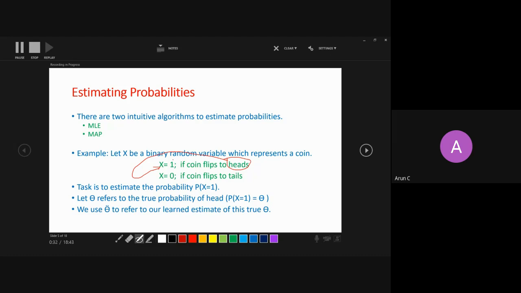So 1 says that my outcome was a head, and 0 says that it was a tail, right? So it is a random variable X. If you say X1, it means I am taking my first toss, and if X1 is 1, I am saying it is a head. If X2 is 0, I am saying my second toss is a tail, right?